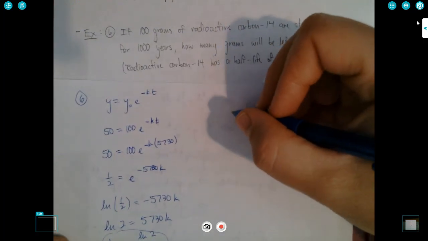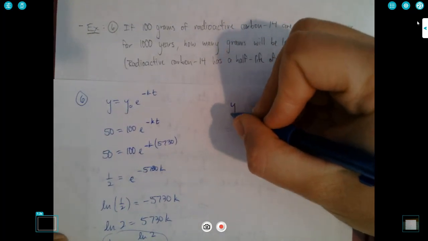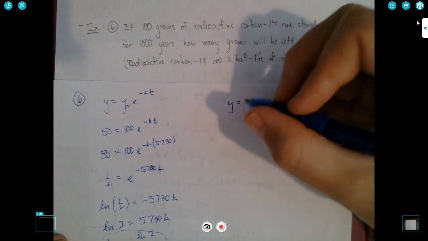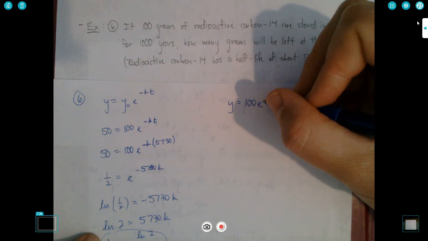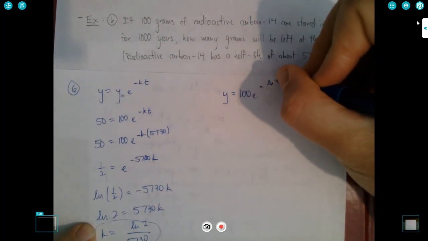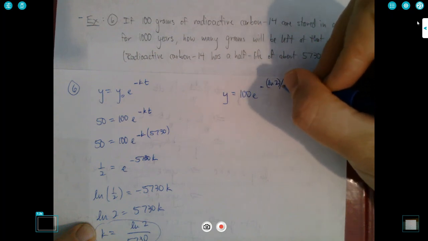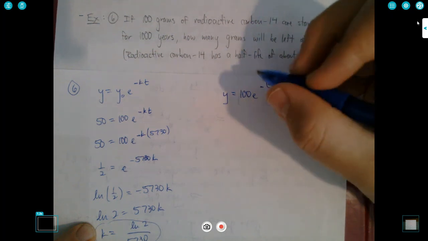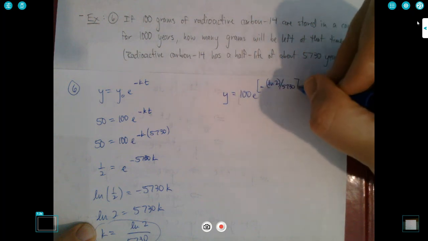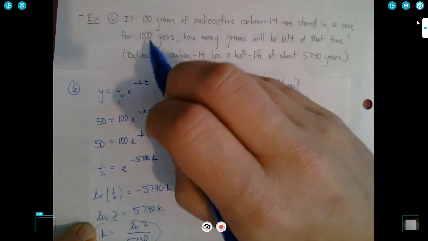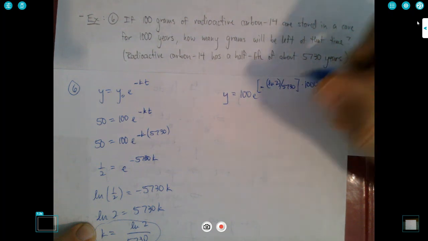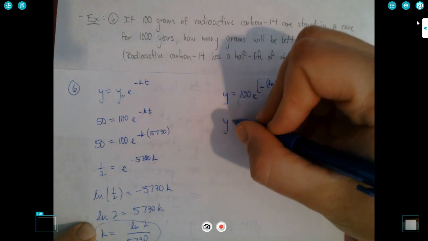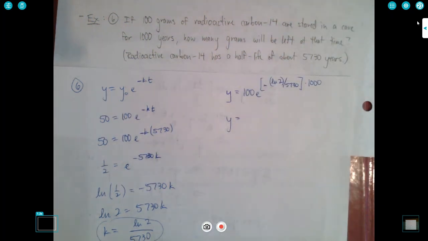So what's the amount y going to be after 1,000 years? I'm starting with 100 grams. I'm going to have negative ln 2 divided by 5,730 times t, which is 1,000 years. Now I can pop all that into my calculator ever so carefully.